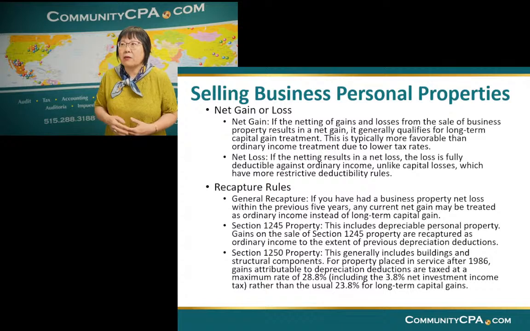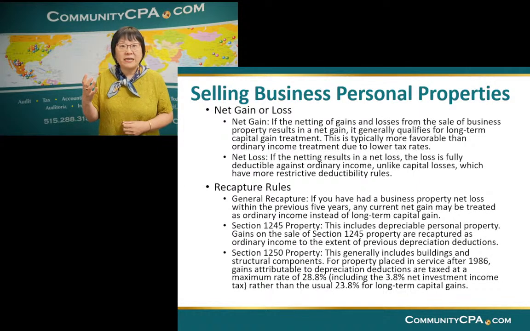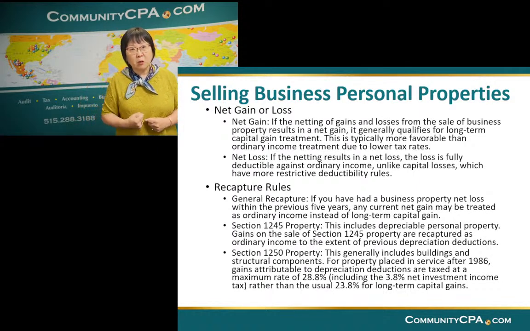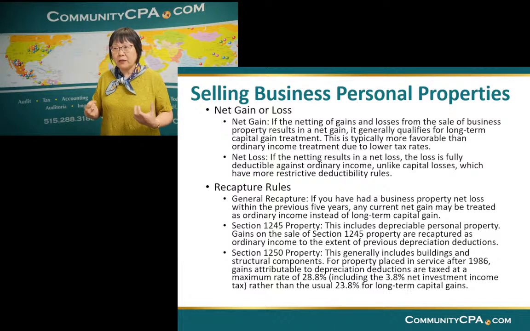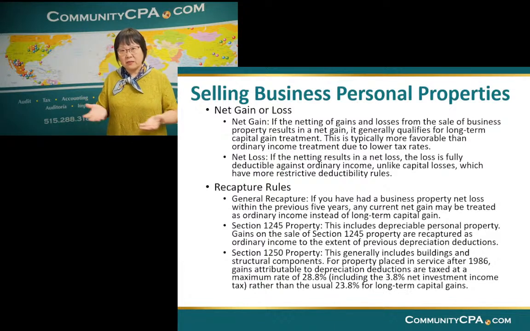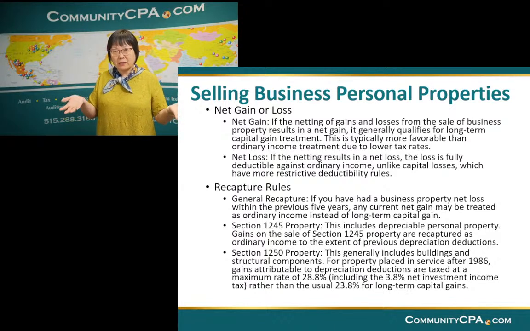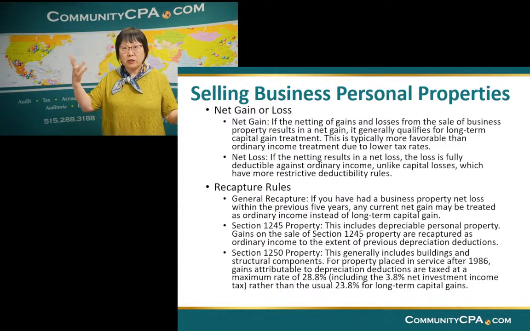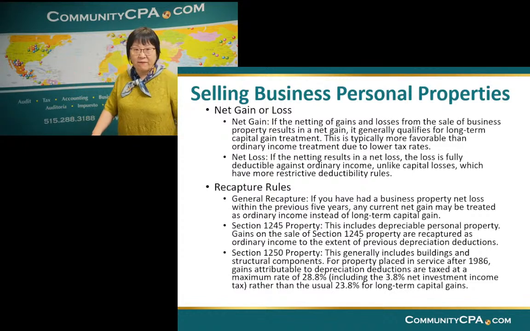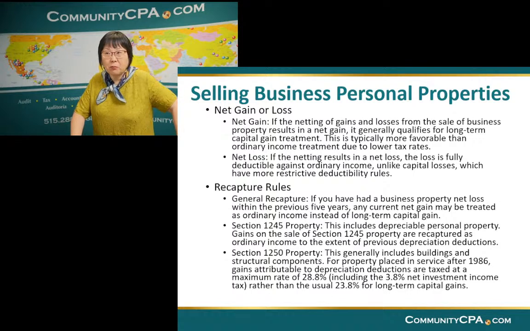Why do we care about capital gain versus ordinary income? Because capital gain, generally speaking, enjoys a lower tax rate. Ordinary income just depends on where you are in your tax bracket, right? You could go as high as 37.5%, plus the 3.8, so we're talking about 40-some percent.